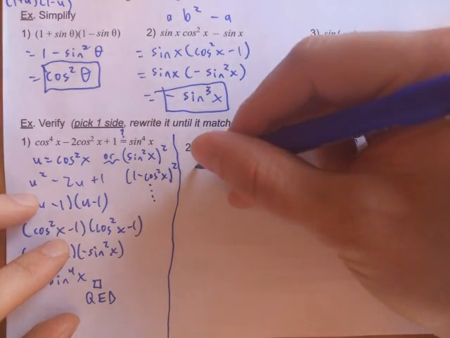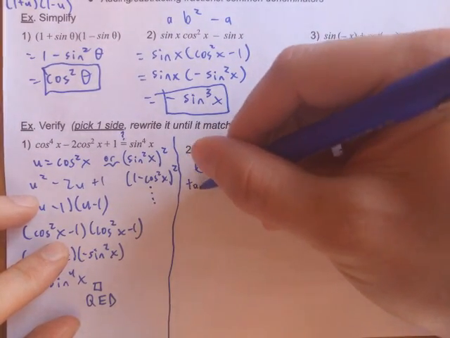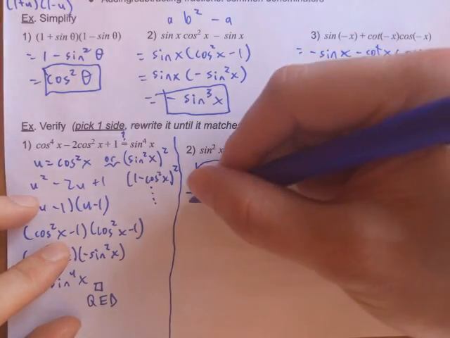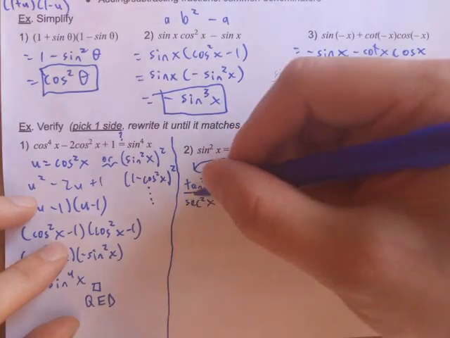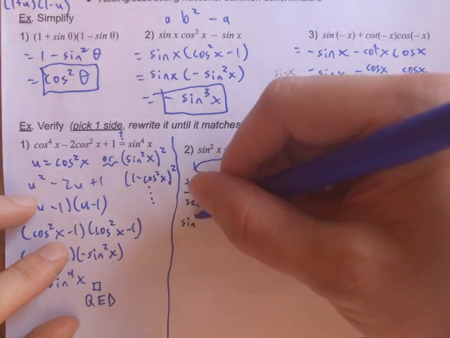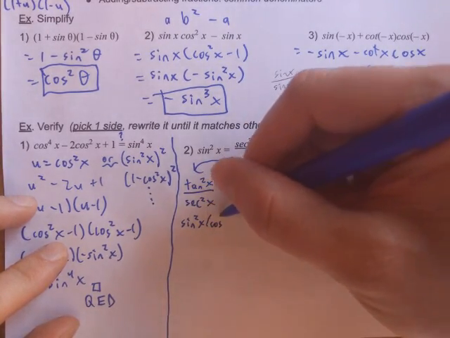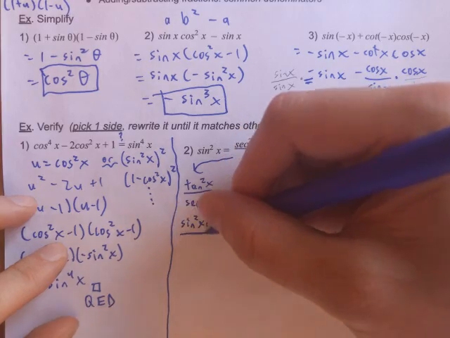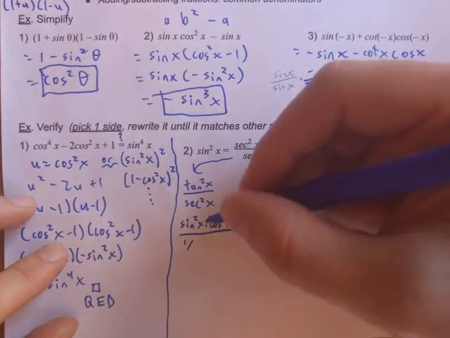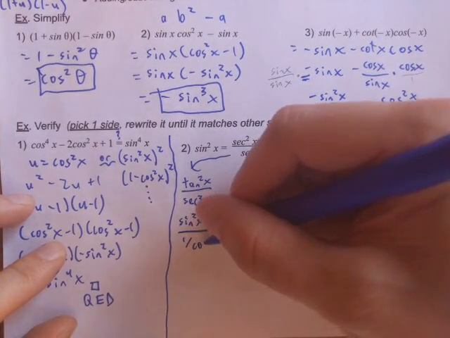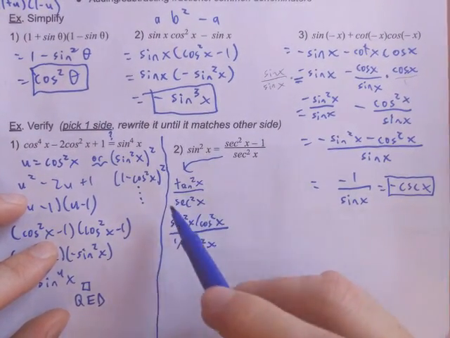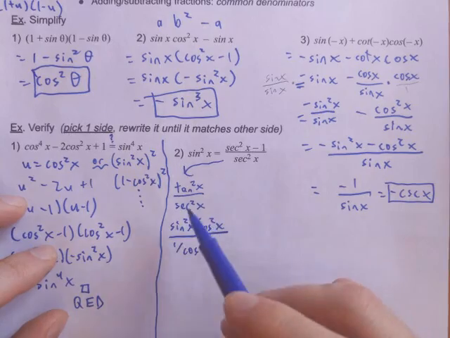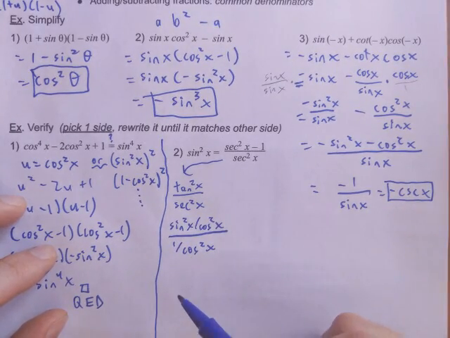So we'll take a look at this here. I've got tangent squared x over secant squared x. And so that's sine squared over cosine squared. So eventually you probably do want to get rid of this complex fraction, fractions inside fractions. Again, one of the rules of thumb, at some point we often want to look at all sines and cosines.